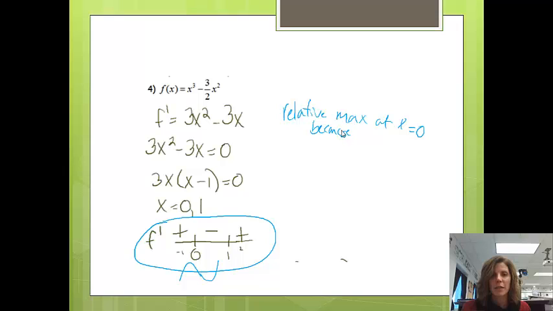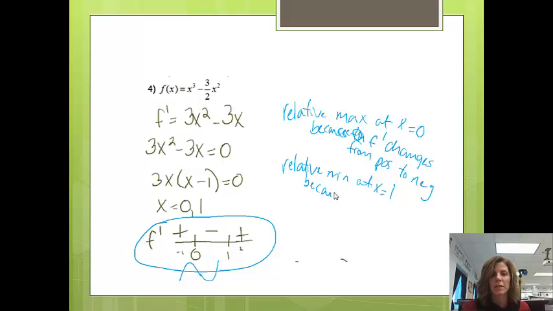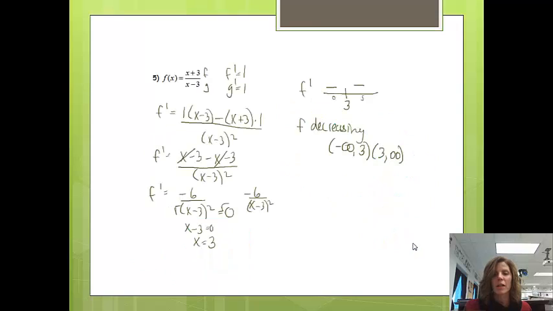It's because f prime changes from positive to negative, and then there is a relative min occurring at x equals 1, and that's because f prime changes from negative to positive.